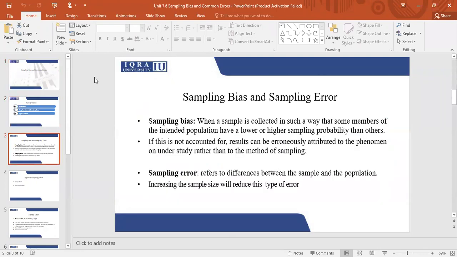Sampling bias is a situation when you are collecting a sample in a way that one person has a probability of getting selected more than the other person. So you are actually biased in selecting your sample. For example, if I am conducting research on students and the use of cigarettes or smoking in students.